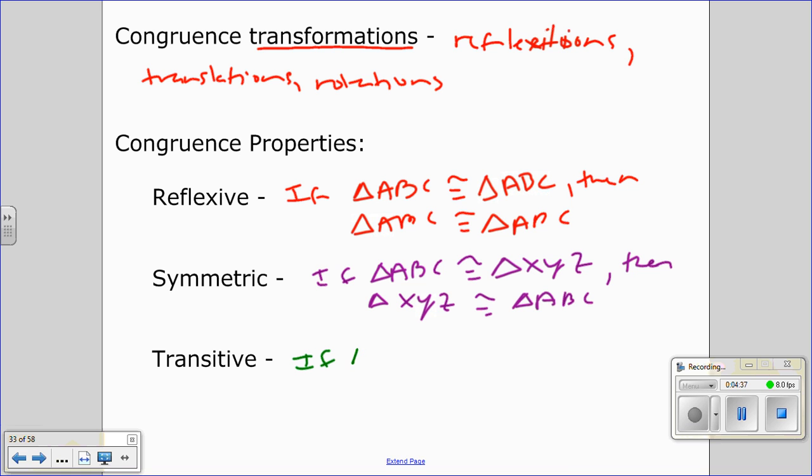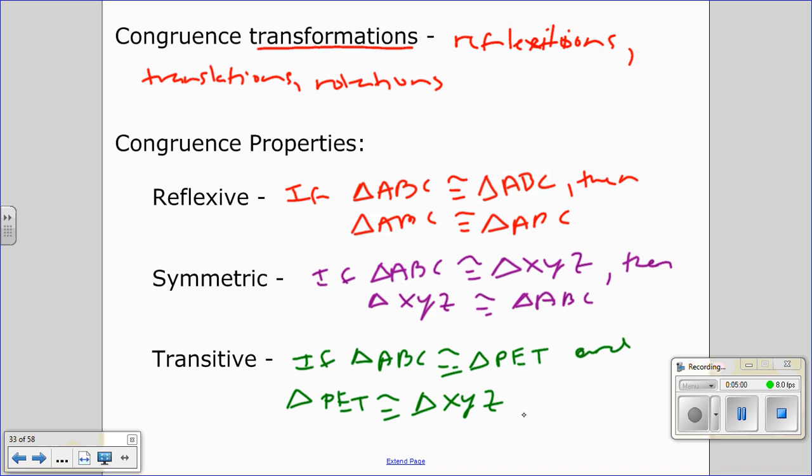If triangle ABC is congruent to triangle PET and triangle PET is congruent to triangle XYZ, then cut out the repeat and simply say triangle ABC is congruent to triangle XYZ. So those are the reflexive, symmetric, and transitive properties from a triangle's perspective.